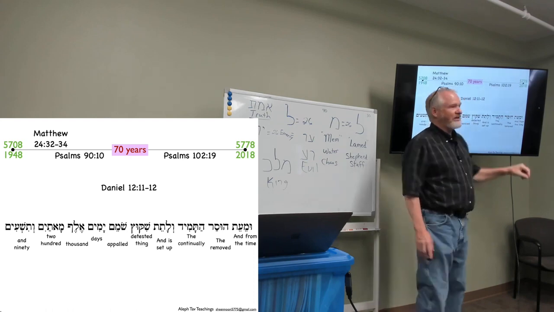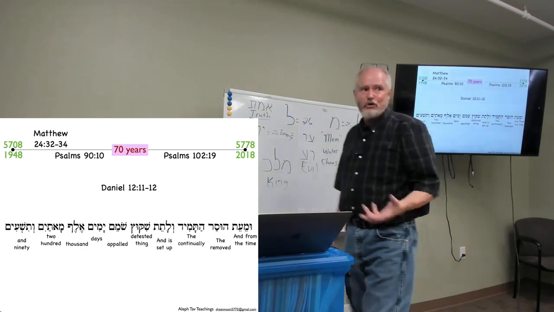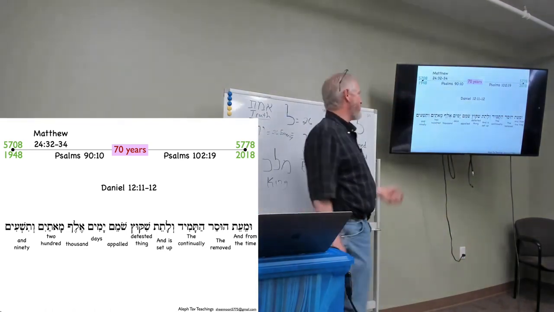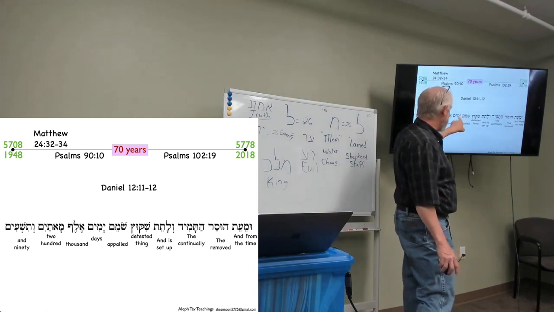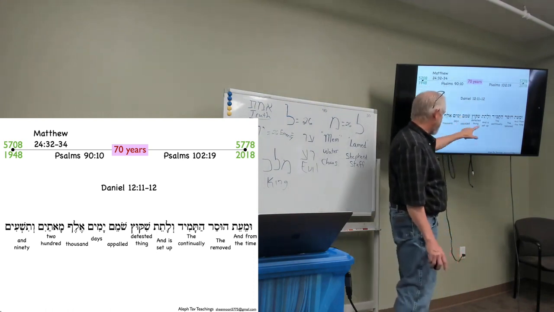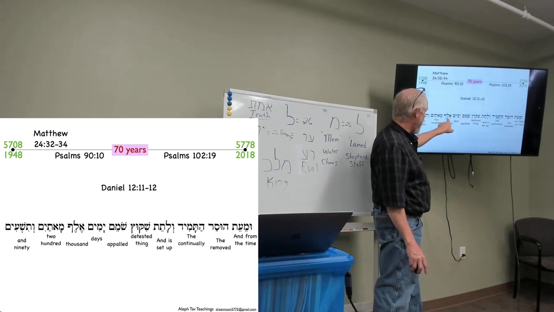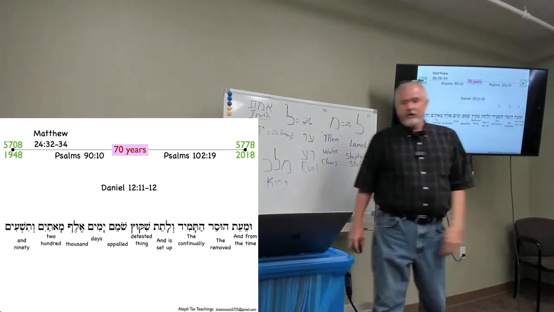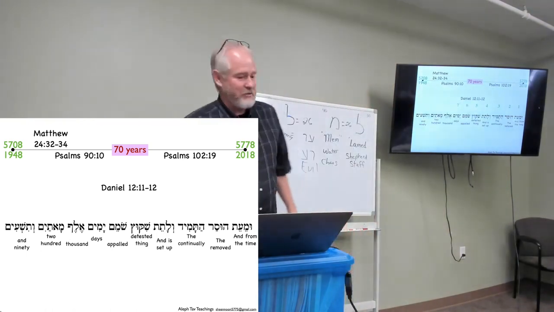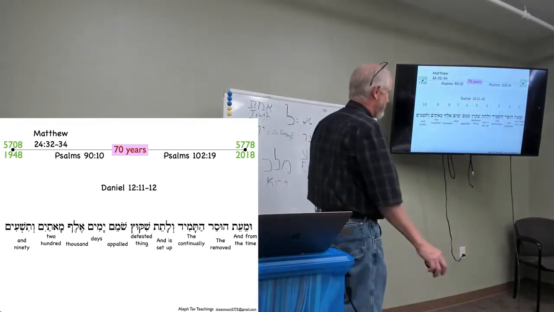So it should be the detestable thing that should appall you, which is probably one of the hardest hitting translations to this. Yom, days, so the days that it gets done, days, 1,290.